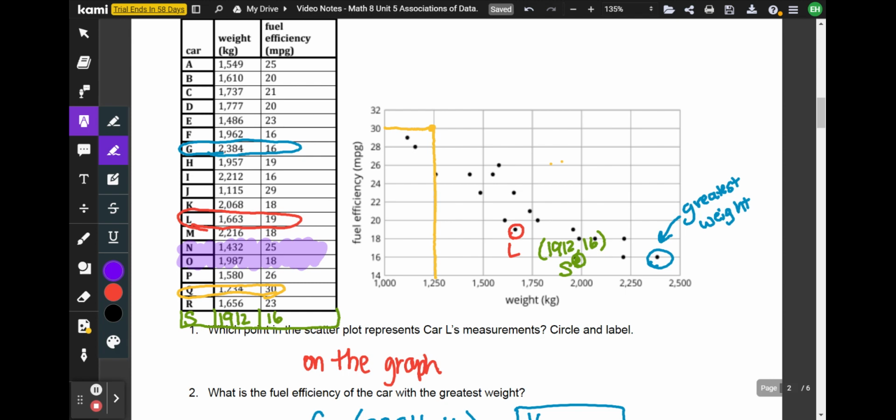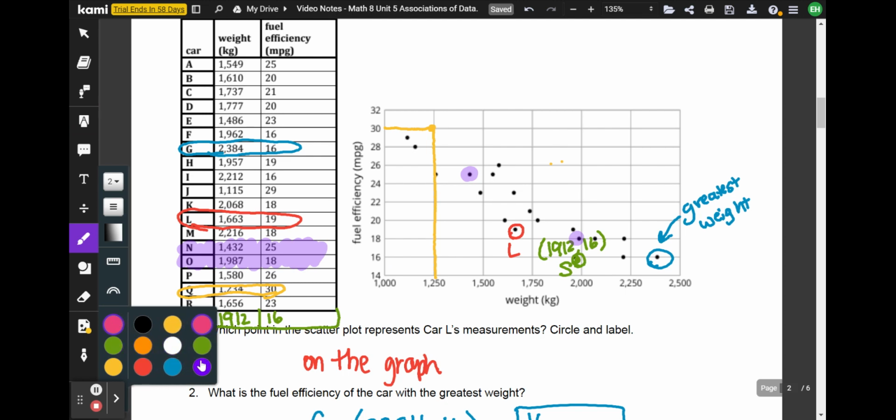So N is 1,432 and 25. So that one looks like that purple one there. And then O is 1,987 and 18. So that one all the way down there. So does anything surprise us about these two cars?